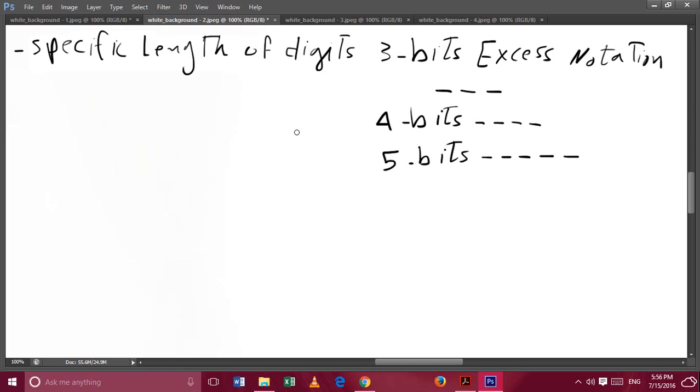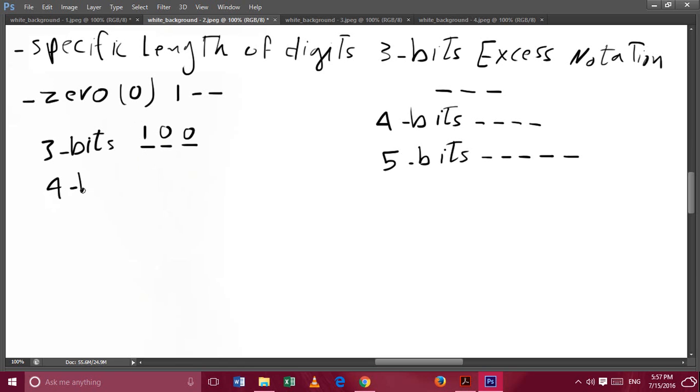Now, to express 0 in the excess notation, what we do is we put 1 in the most significant bit and then as many zeros as necessary in the remaining bits. So for example, 0 in a 3 bits excess notation, since we only have 3 bits, is expressed by 1 here, 0 here, and 0 here.